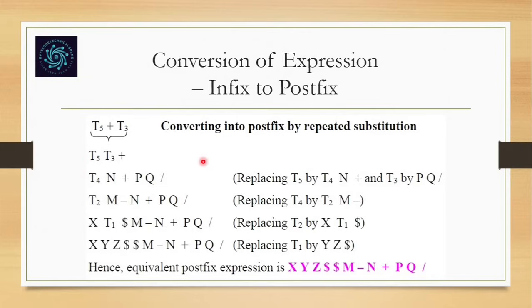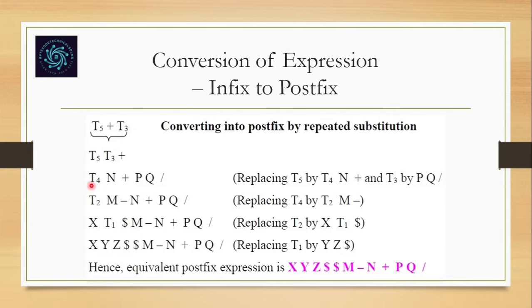Now substitute the values of t5, t3, t4, t1 and t2 to get the required postfix expression. Here we are substituting the values of t5 and t3. t5 is nothing but t4 n +, and t3 is nothing but pq/. We are substituting both, and lastly it should be plus here, but it is misprinted, so we have to keep it as plus.